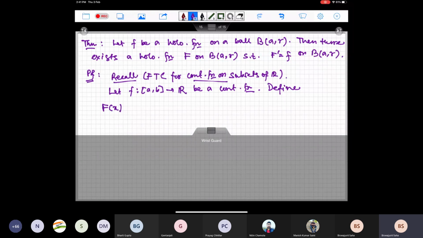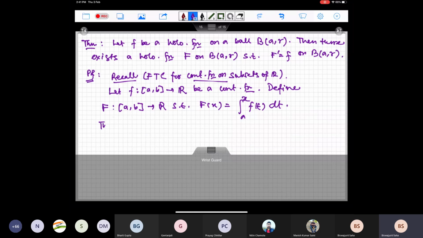Okay, so define capital F of x in the following way. Define F, capital F, from the closed interval [a, b] to R such that capital F of x is the integral from a to x of f(t) dt. So I'm defining my capital F in this way. Then what one can prove is that there are really important properties of this capital F function. This capital F is uniformly continuous on the closed interval [a, b].